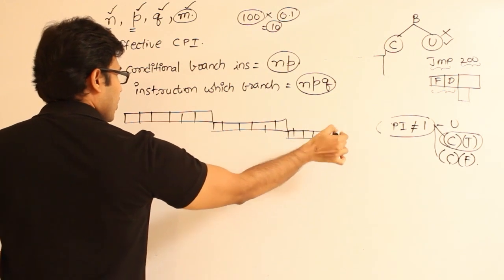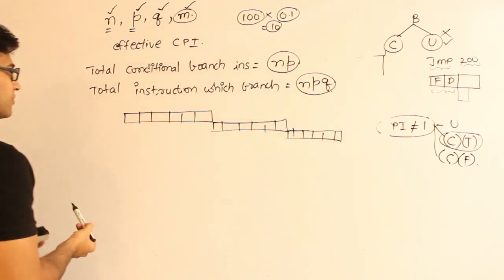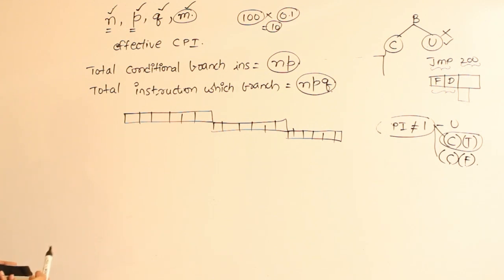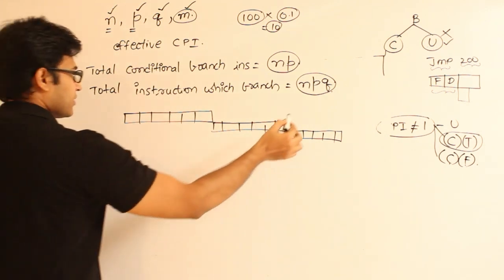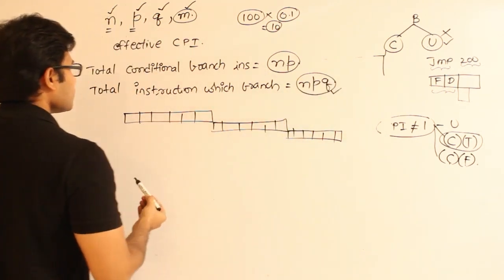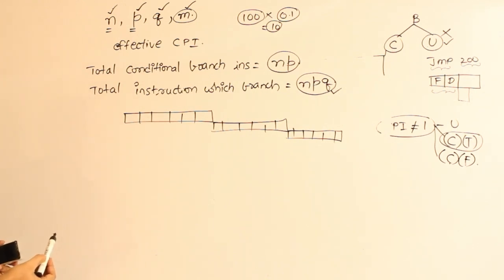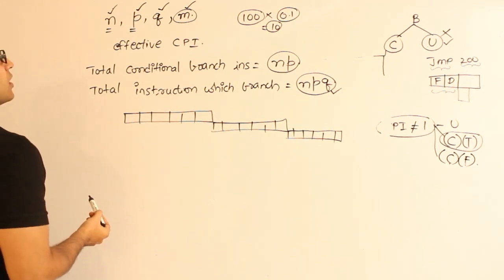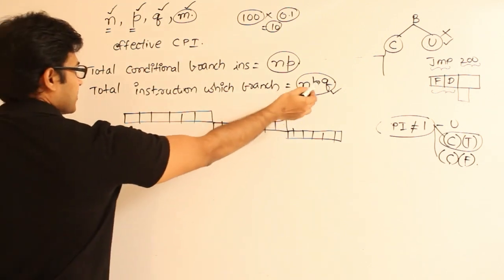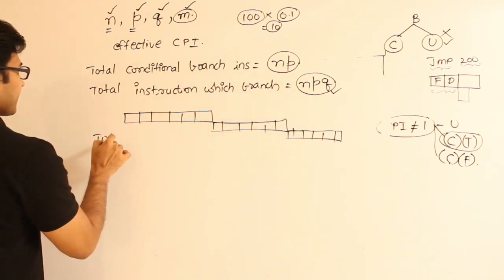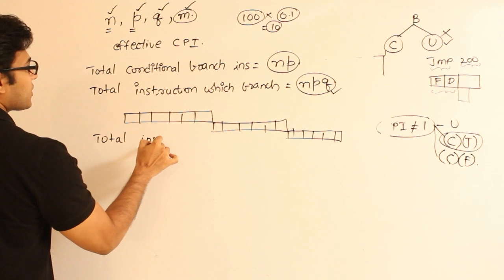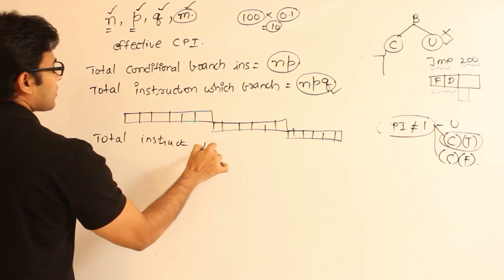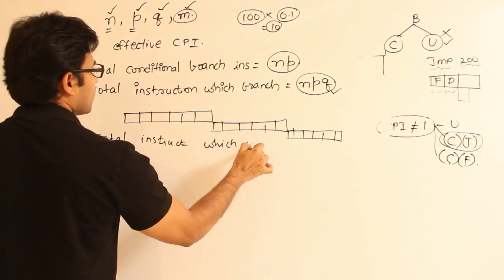Therefore, for all these instructions for which branching is going to happen, the number of cycles required for them is M. So the total number of branching will happen for these many instructions. Are you following it? Then what is the total number of instructions which will not branch?